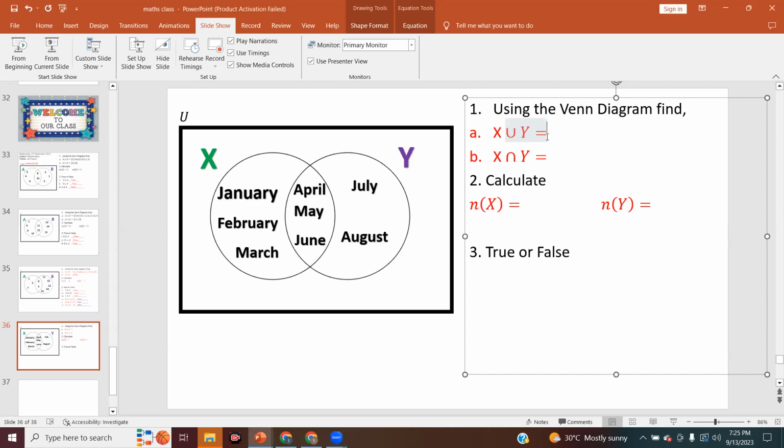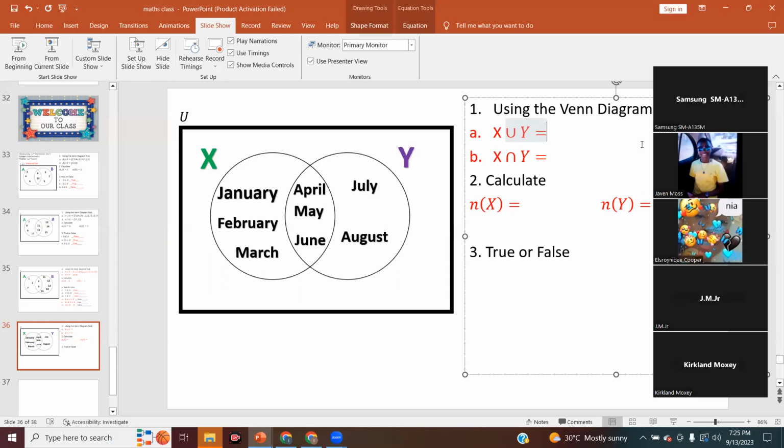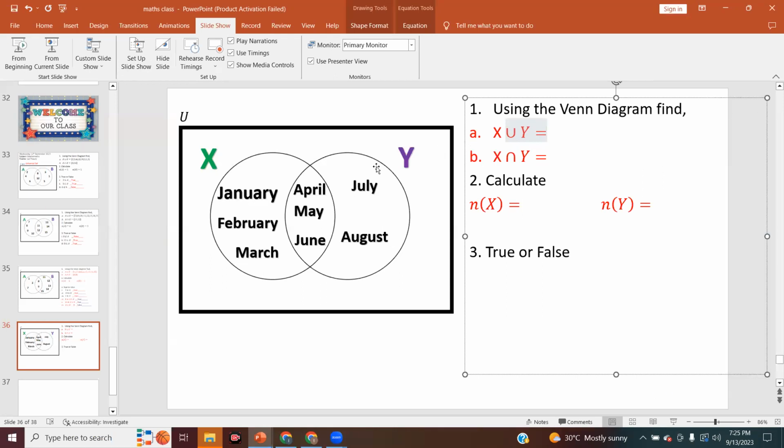All right, so we want the union. Verbally, please. Can someone tell me what is the union of X and Y? January, February, March, April, May, June, July, and August. Very good. That is the union. So let's put that in there.